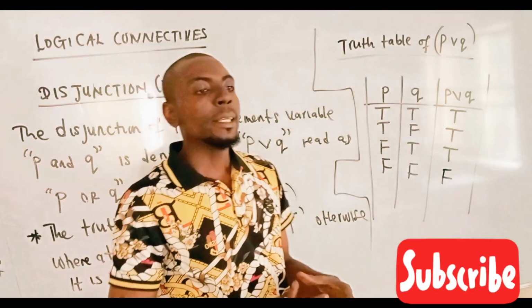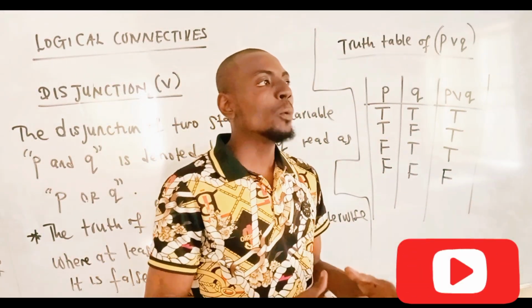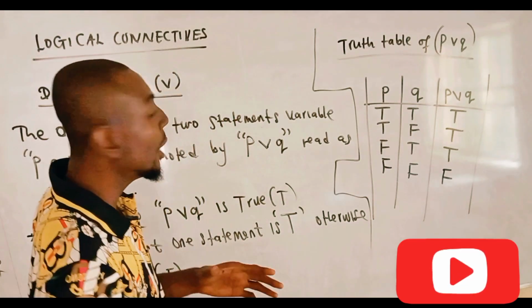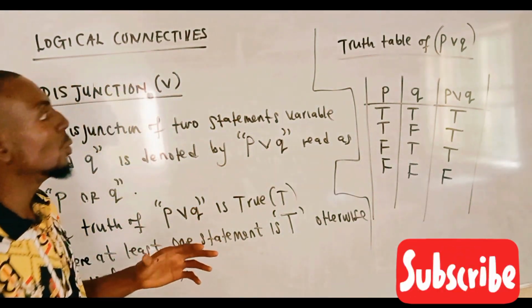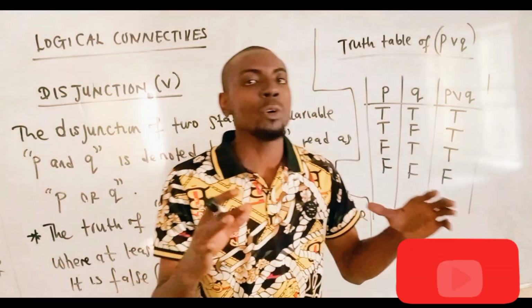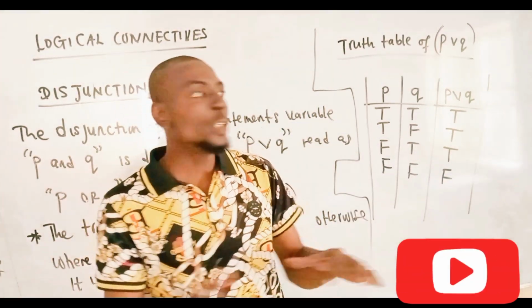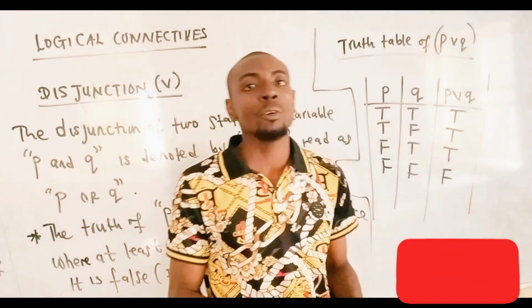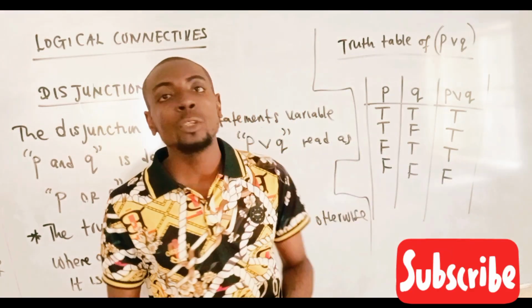So the analogy I put there: coming to the conjunction, only when we have truth and truth will it give us true. Coming to disjunction, false and false will give us false, others are true.